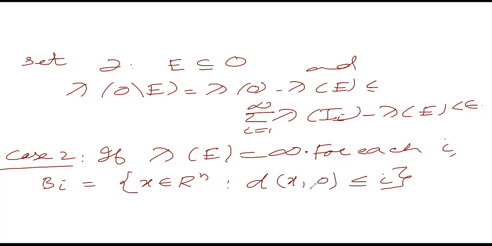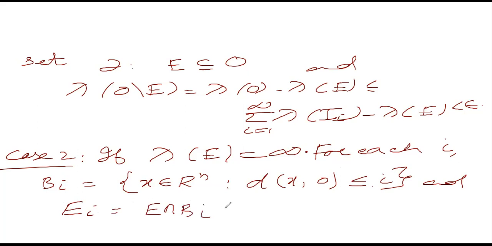So their distance from zero is less than or equal to i. And define A_i, which is equal to E intersection B_i.